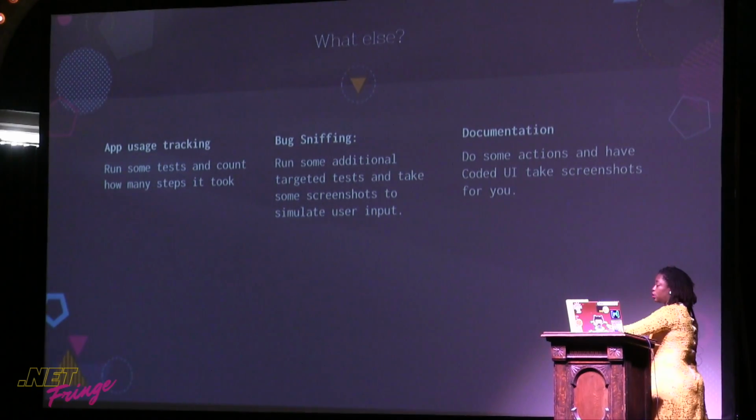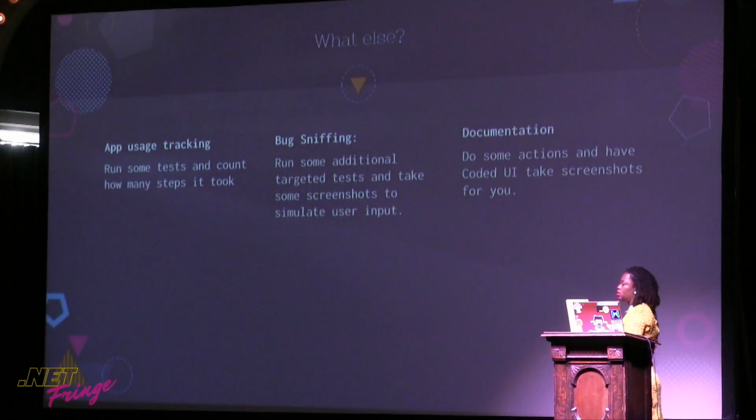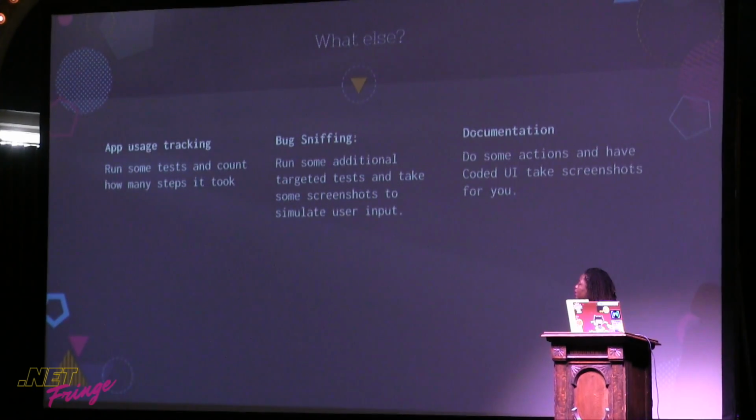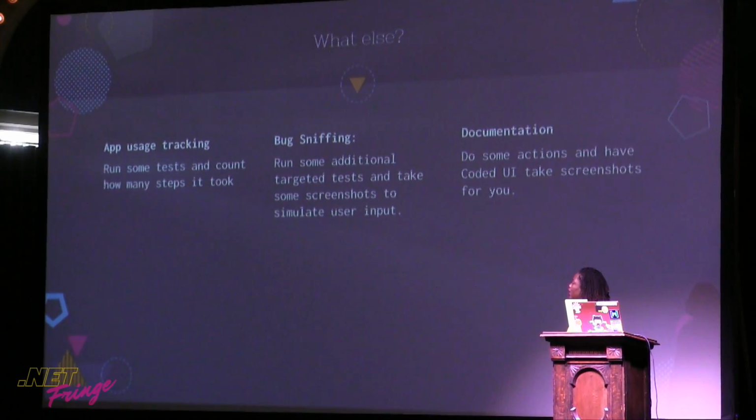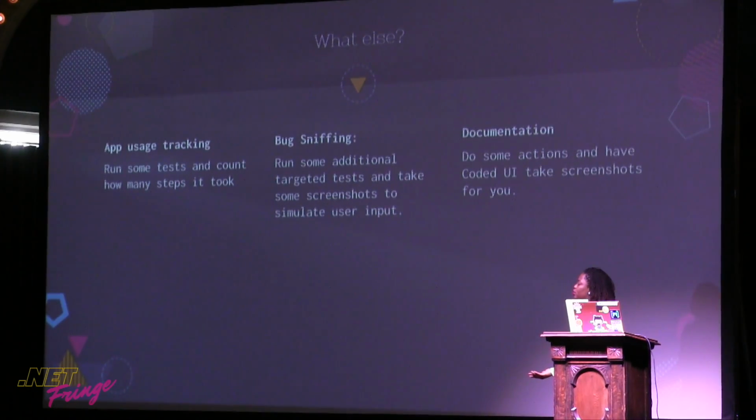Our team has some internal usage metrics, and if you do too, what do you do when you notice that somebody's using one feature significantly less than other features? You can use CodeUI to simulate how to get to that specific feature and see how many steps it takes. How long does it take someone to actually get here?